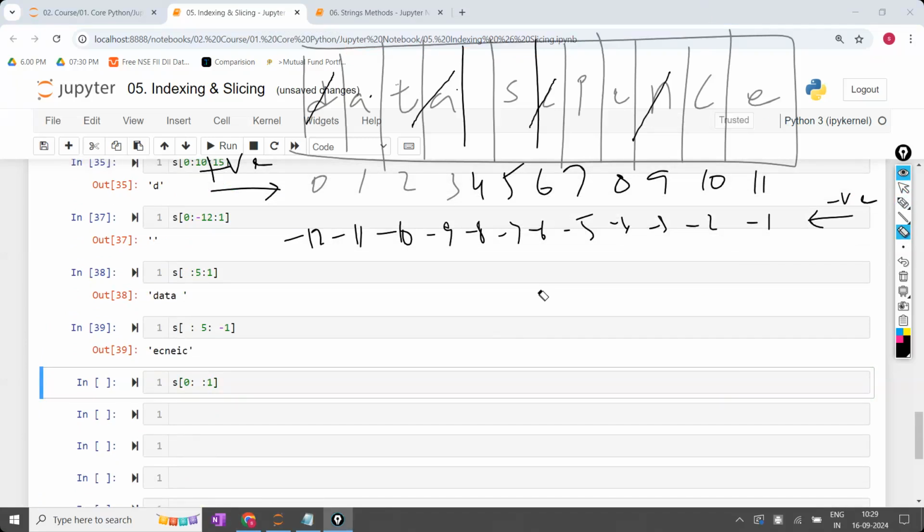What is the starting point? 0. What is the step? +1. What is the direction? Positive direction. The ending point is everything in that direction. What is the answer? Data science, including the last letter.